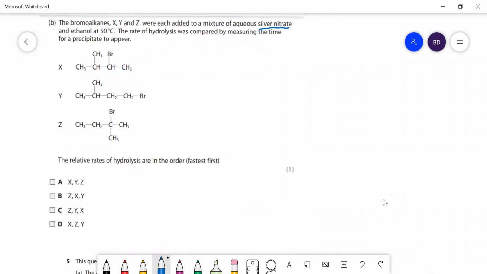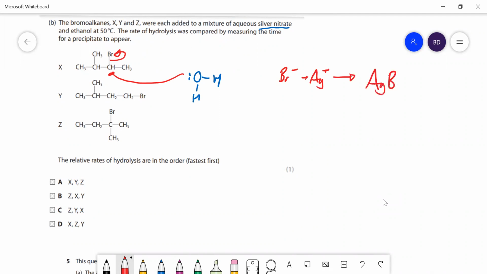So what's going to happen here is the water is going to act as a nucleophile. That's going to go there, and you're going to lose the halogen as a halide ion. Br minus is going to react with the Ag plus in the silver nitrate solution to form AgBr.